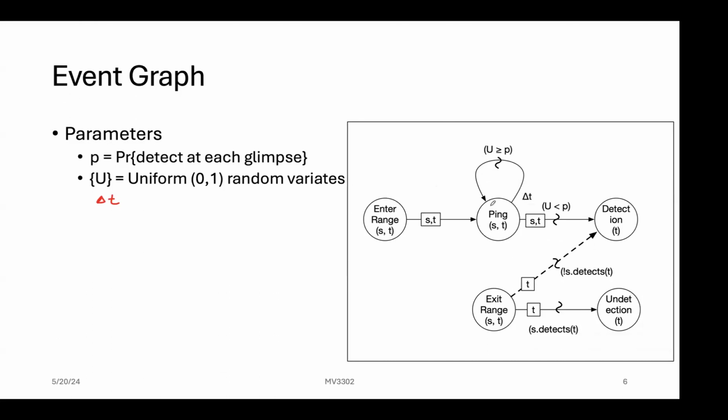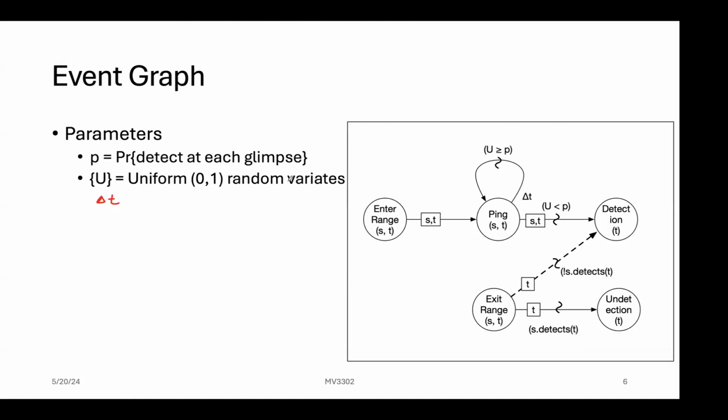So you ping, and then we have a uniform 0-1 random variable and a probability of detection. As we've seen in previous event graphs, if we want to capture that a certain scheduling edge occurs with a certain probability, this is the way we do it.